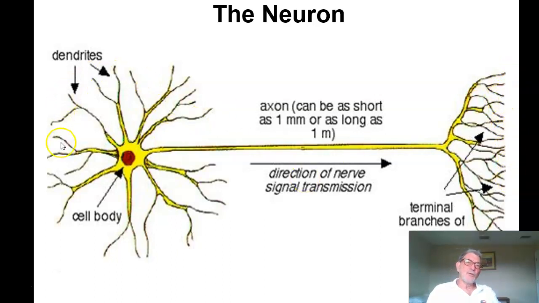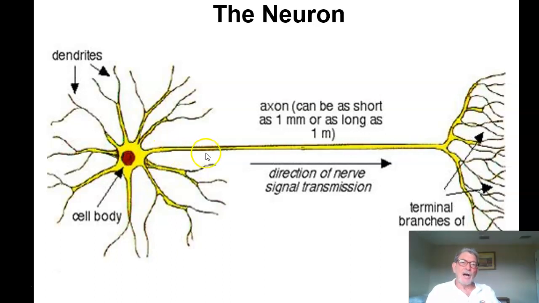These are the dendrites. They receive information. The cell body is the cell itself, or the nucleus, but it also has the area where it can then open and send a signal. So the cell itself determines whether the signal is big enough to be worth sending.